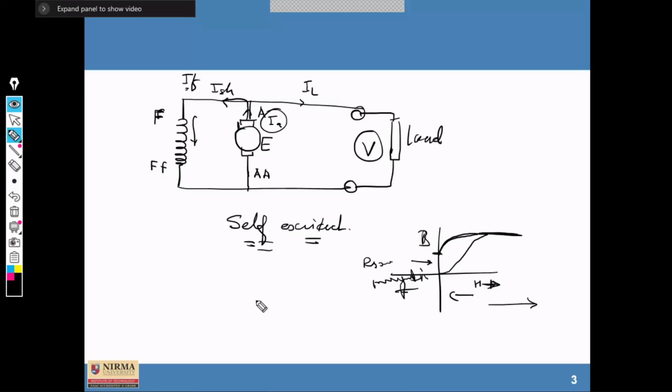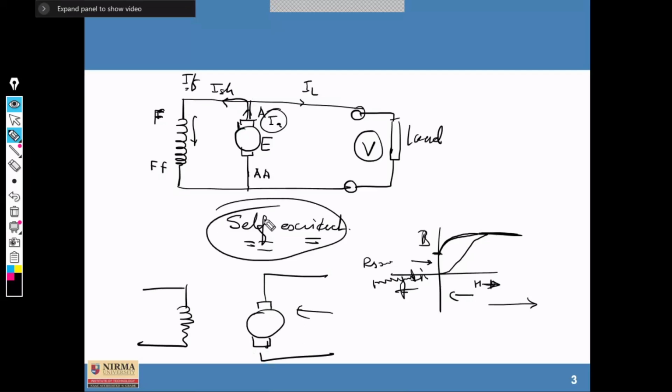In a DC separately excited generator, the supply is given to the field winding separately and to the rotor separately. So in this case the supply is given separately, and that is why it is considered as a separately excited generator.